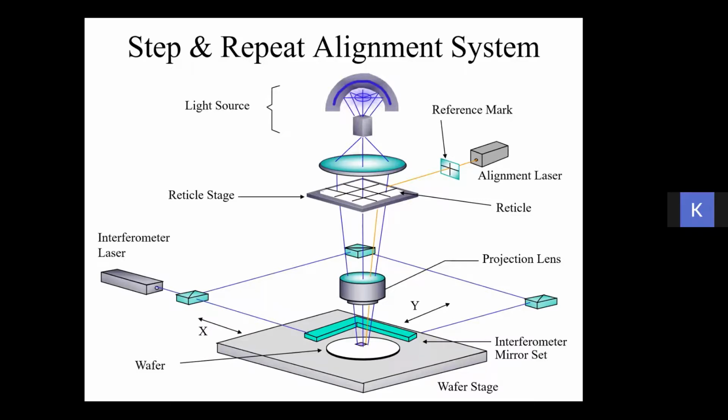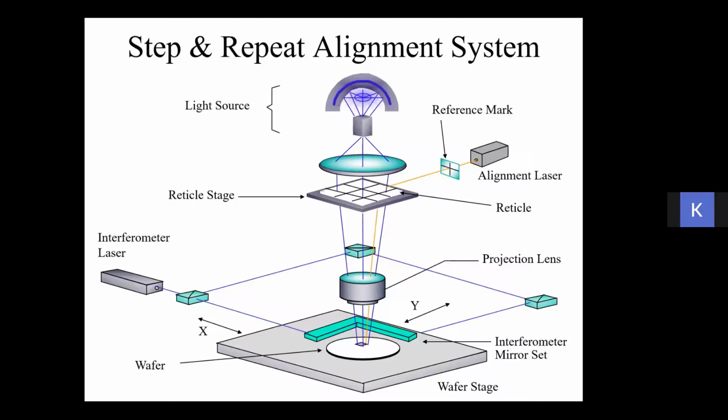So some region of the wafer will go to waste. Since this is a commercial thing, and people have to think commercially, everything has to be very precise. So these interferometer lasers are used to check the precise movement of the wafer stage for this step and repeat alignment process.